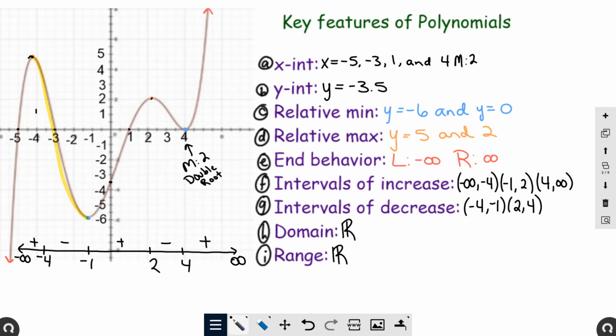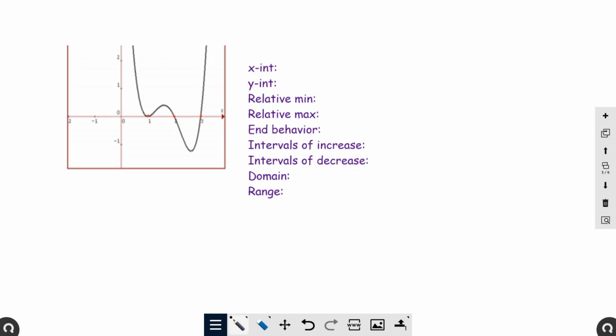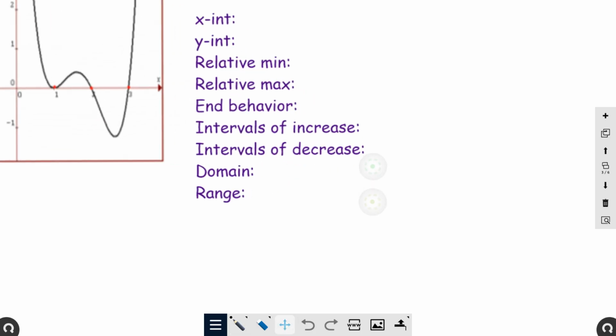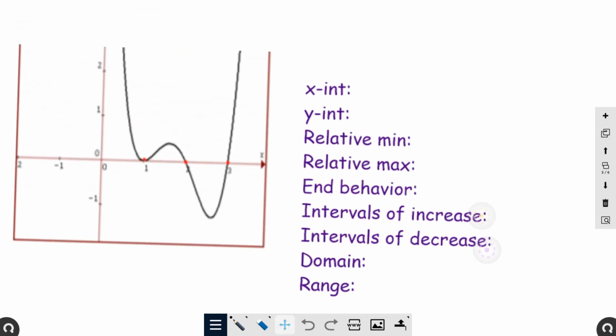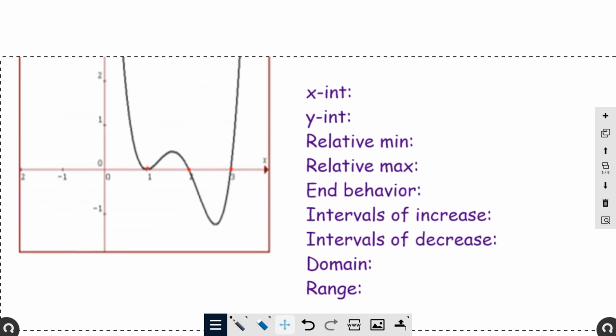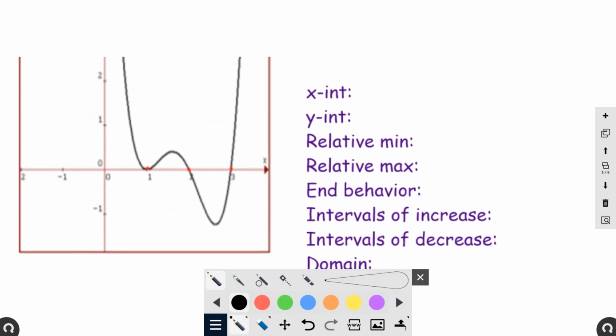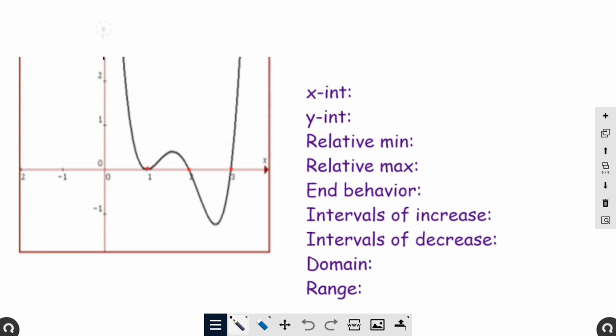All right, we have another graph that we're going to do, and I realized just in first period that part of my graph was cut off, so I'm going to add to it a little bit. But we're still finding these same 9 things for this graph. I'm going to add some to my graph up here. I have no idea why it decided to chop itself off.